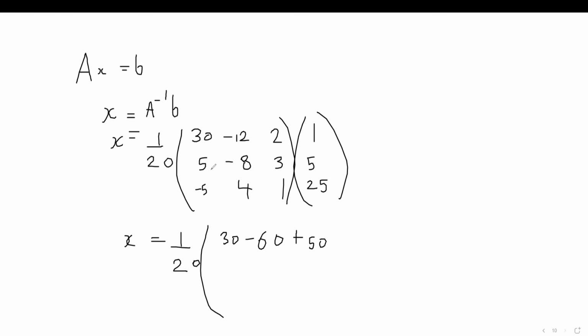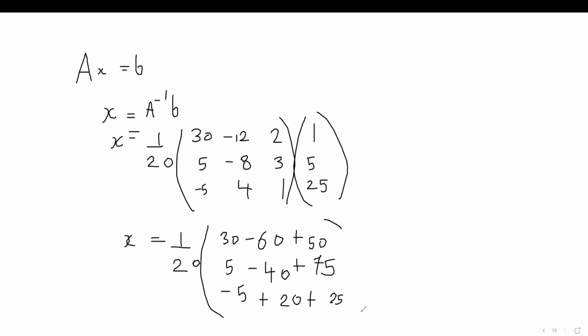Then row by column, that's 5, minus 40, then 3 times 25 is plus 75. Finally, row by column, minus 5, plus 4 times 5 which is 20, plus 1 times 25 which is 25.